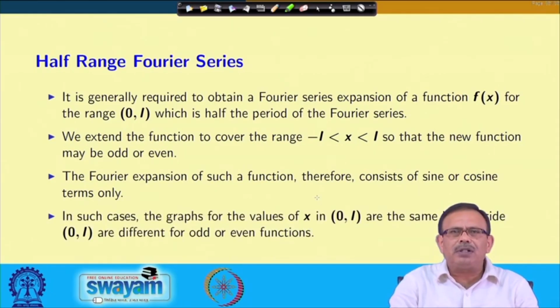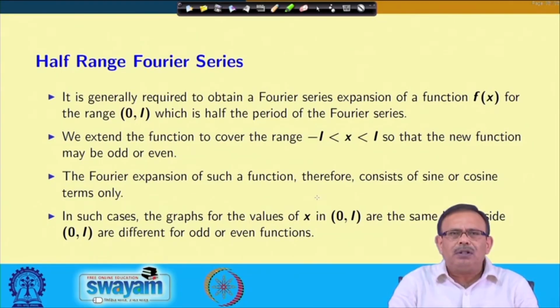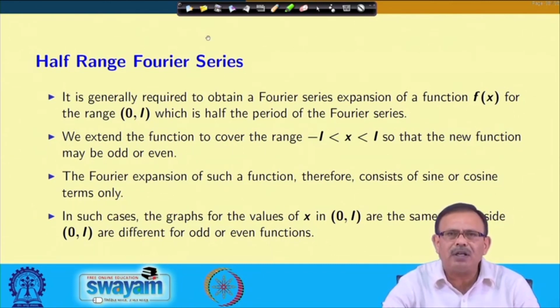So, in such a case the graph for the value of x in 0 to L will be the same, whether I am defining it as an odd function or an even function, but outside 0 to L it will be different, and it will depend on whether I have defined it as an odd function or an even function.